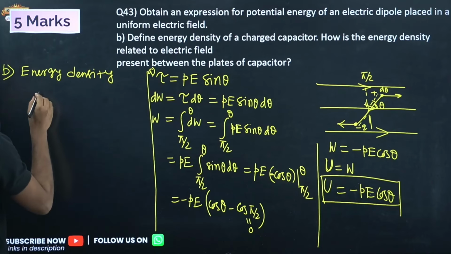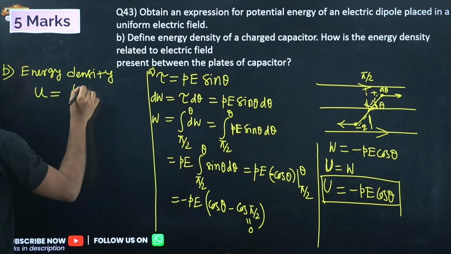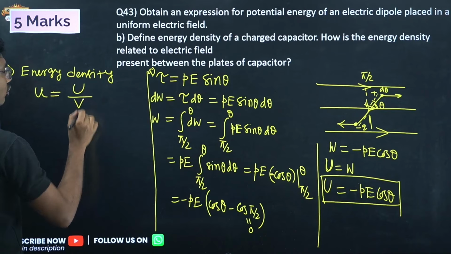Now energy density is denoted by a symbol small u, which gives the total energy divided by volume of the capacitor.